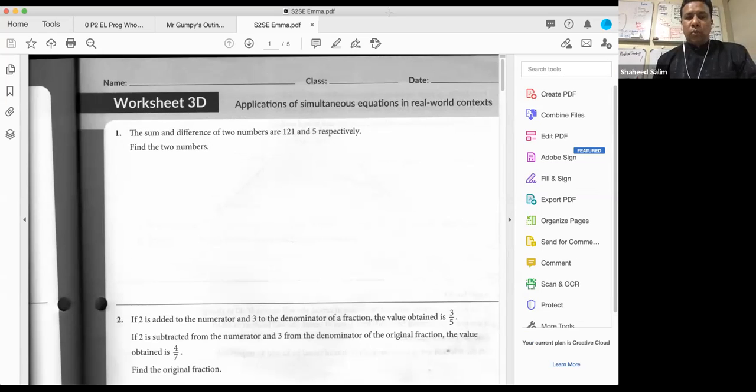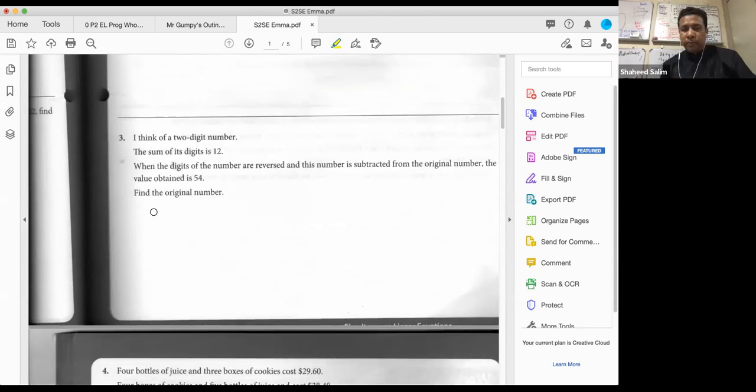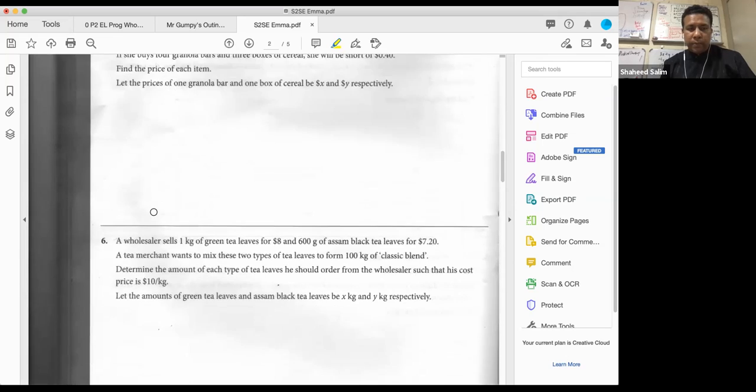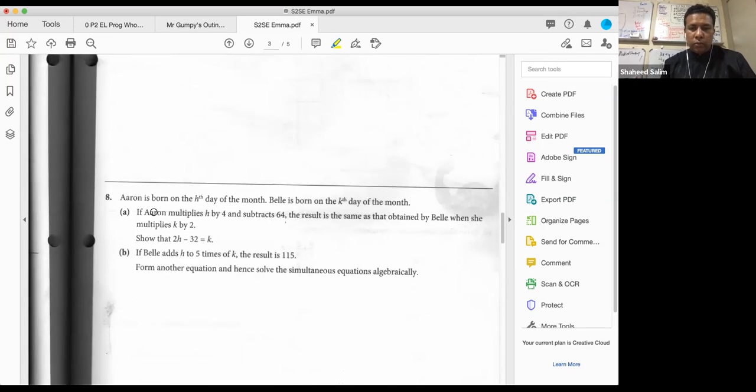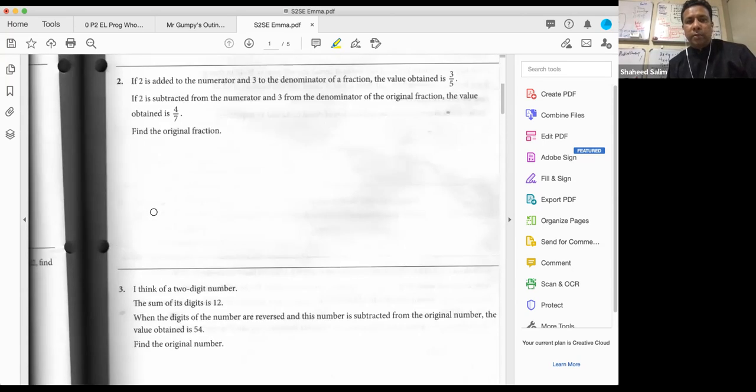The other day we did sums. I think we have done question 1, right? Do you know how to do it? What page is that? Hold on. Okay, let me check.